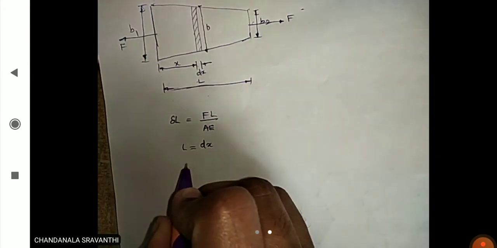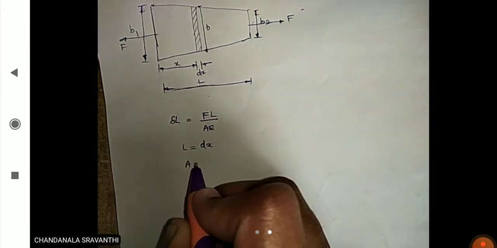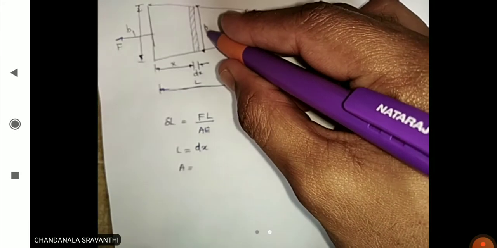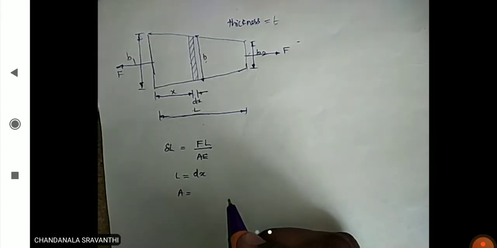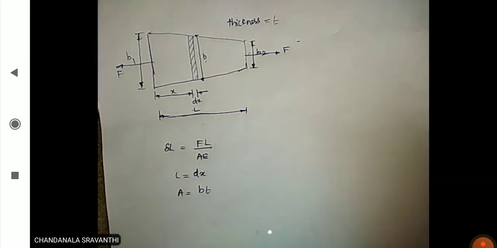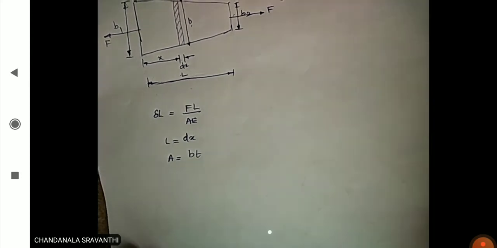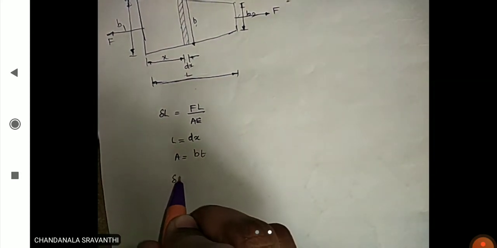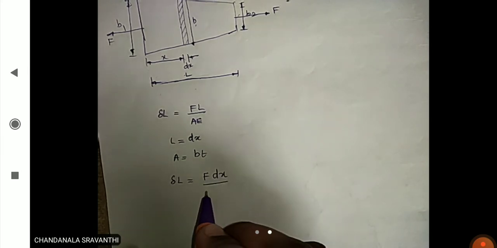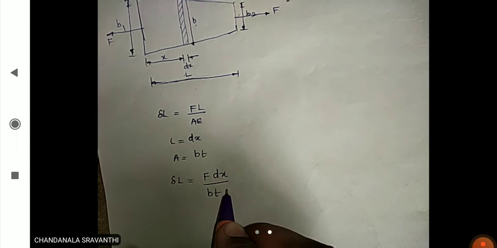And the area we need to take here, because this is a rectangular bar, has width b and thickness T. Then at this particular section the area is b into T. So substituting these parameters, delta L becomes F into dx by b T into E.